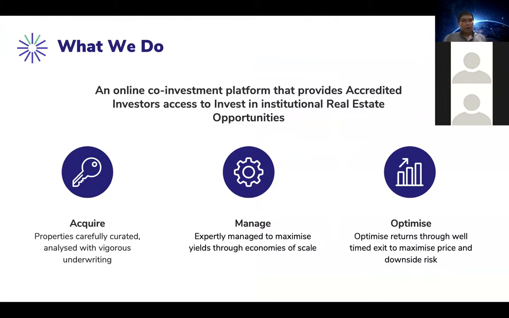For each deal, we'll provide an investment thesis, set out the projected returns, the whole period, the investment structure, and the risk factors. Next, once the deal is invested, we will actively manage the asset and investors will be kept updated regularly. At the end of the investment period, we will seek the best exit for the investment. We also interface with our investors through the online platform. The onboarding process, the investment process, asset performance tracking, and distribution of funds are all done digitally.